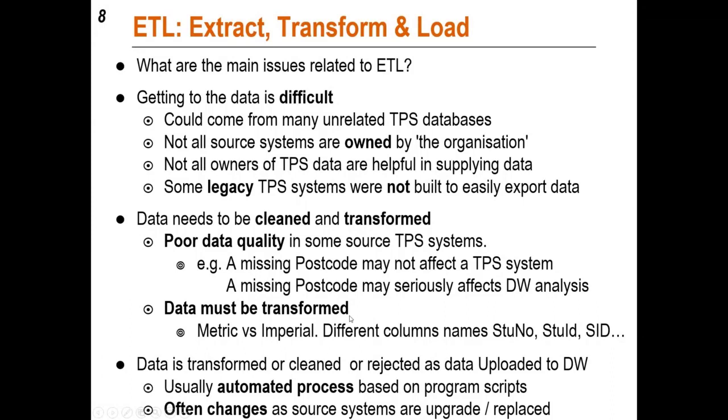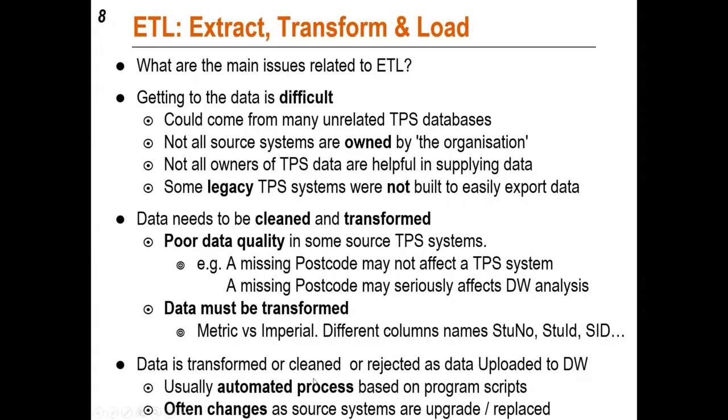And also sometimes the column names and different data formats are probably a challenge as well. For example, some columns can be named in some tables as student number or STD number or SID, etc. We need to transform all of these into a common category before we load these data.